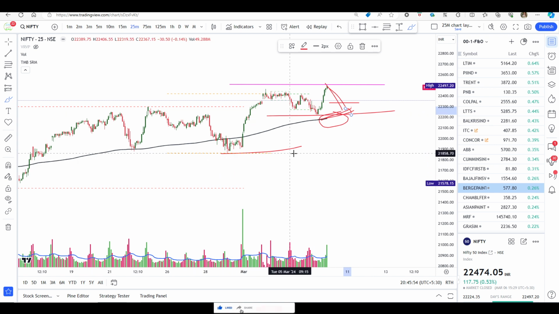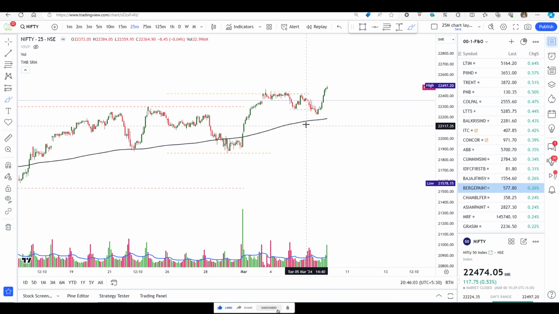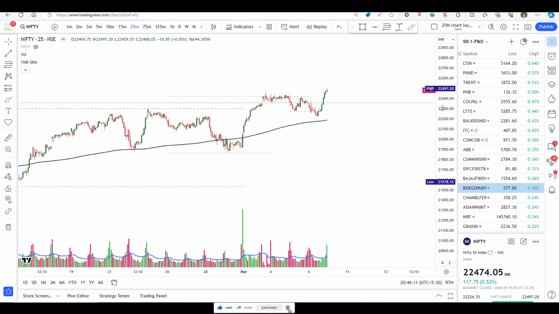We are running this strategy for many days actually. Similarly, if the market closes, let's take the example. Say the market is bearish. How will you consider it bearish?